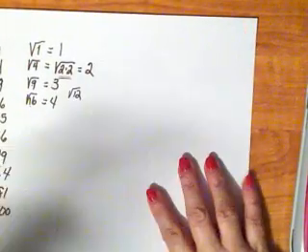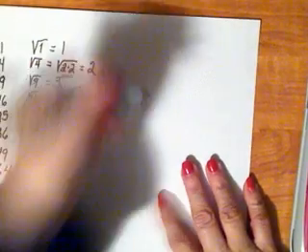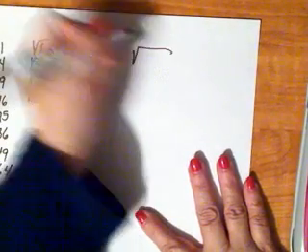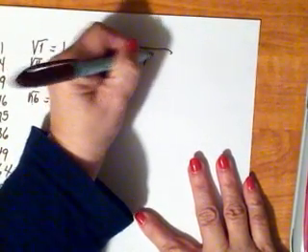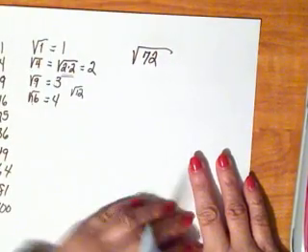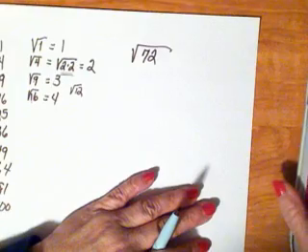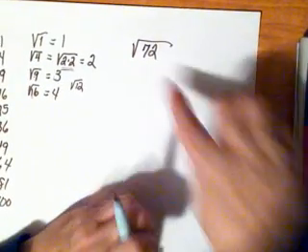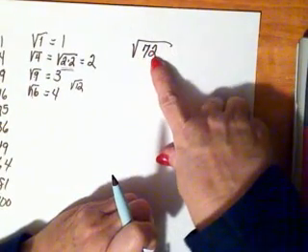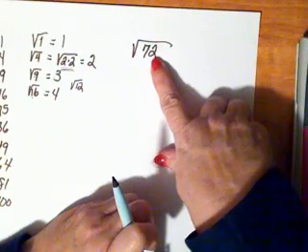Okay? So, let's go just one step further and let's think about reducing square roots. For example, the square root of 72. Alright? And I'm not talking about hitting the square root button on the calculator. I'm talking about giving me an exact square root in simplified form.